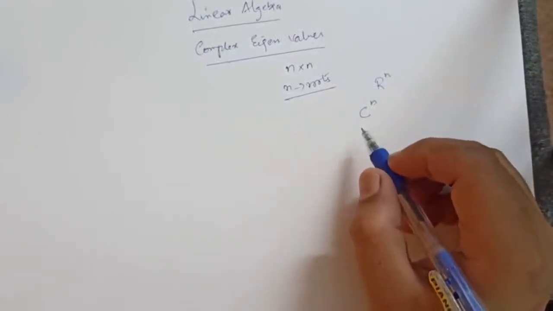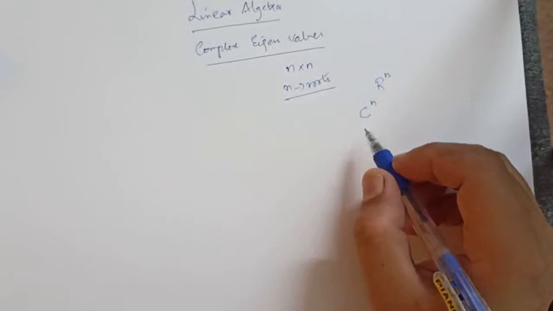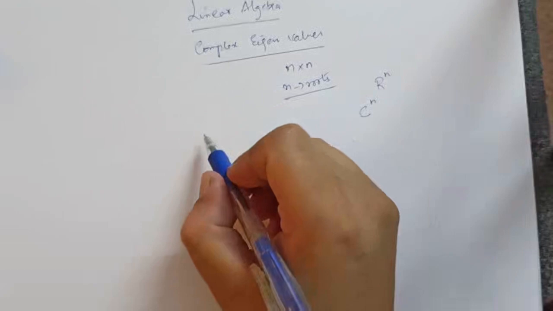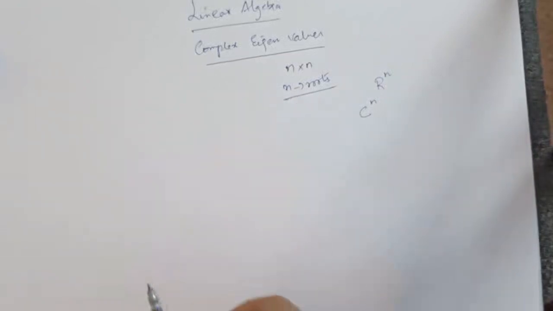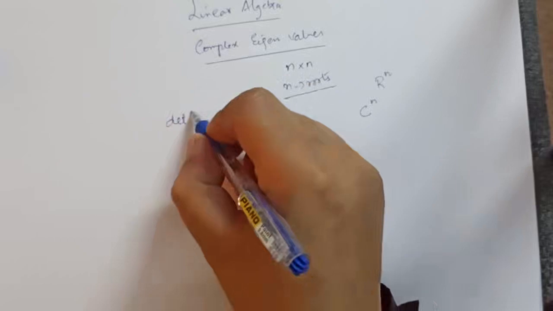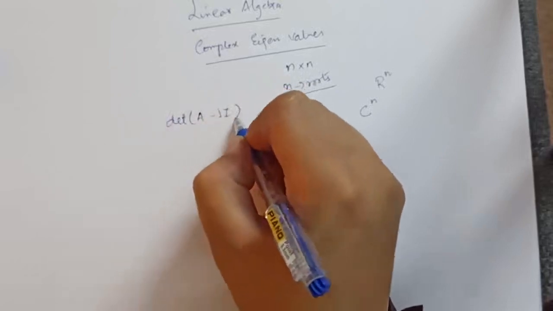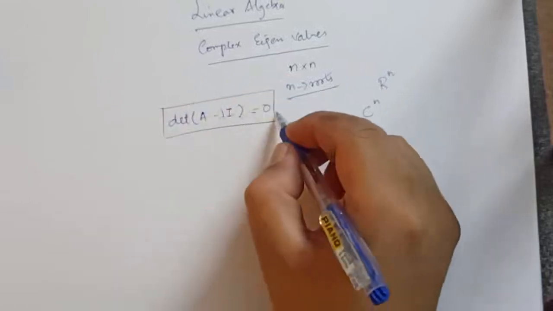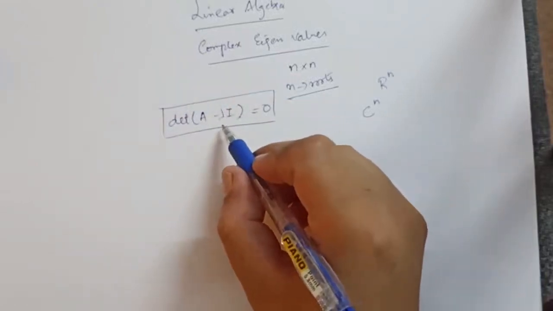Now, in general, as we have done previously, the determinant of A minus lambda I helps us evaluate the value of lambda.